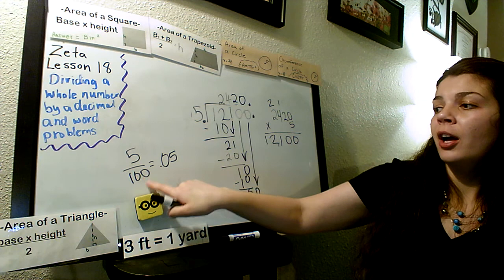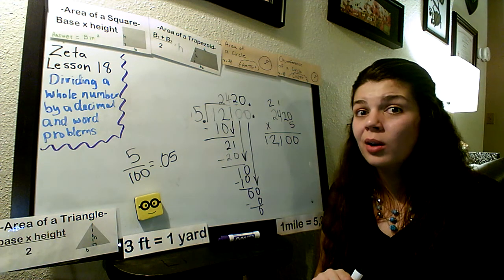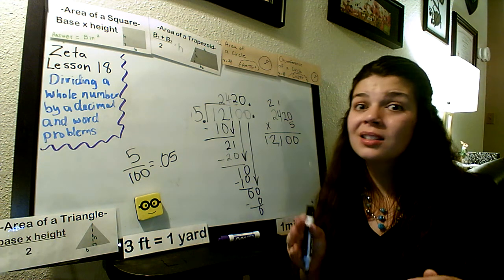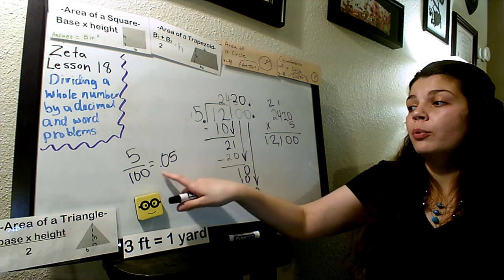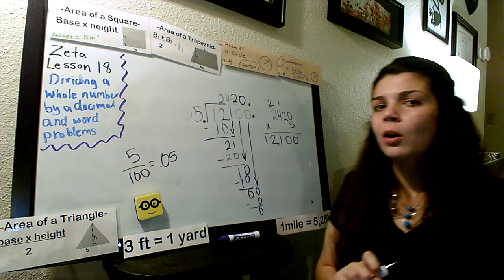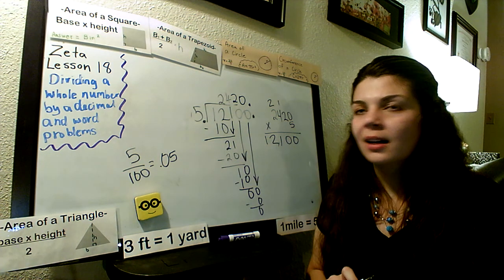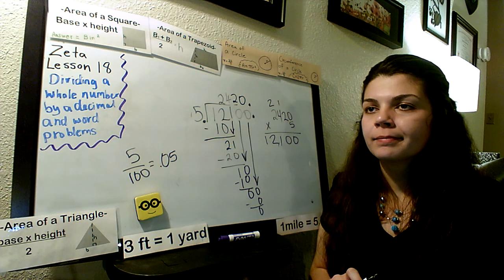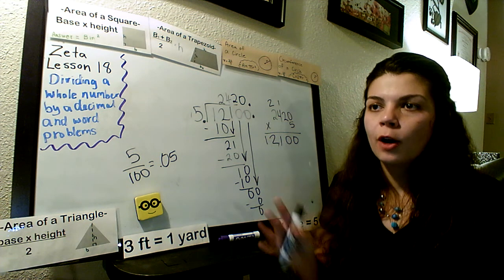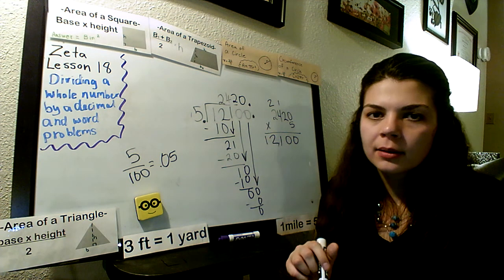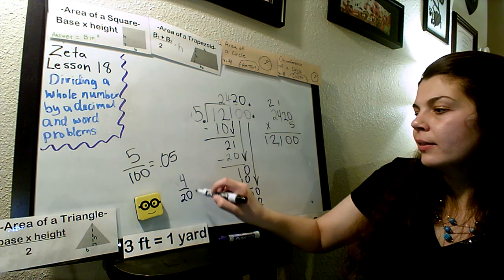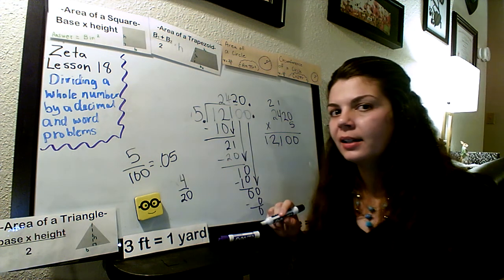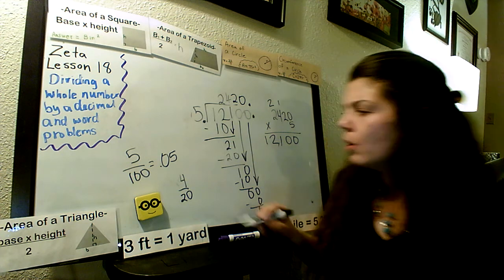5/100ths. Go back to our turning fractions into decimals and percentages. Okay? 5/100ths is 0.05. What about if I said, I don't know, let's do 4/20ths. And if I wanted that in decimal, what would that be?